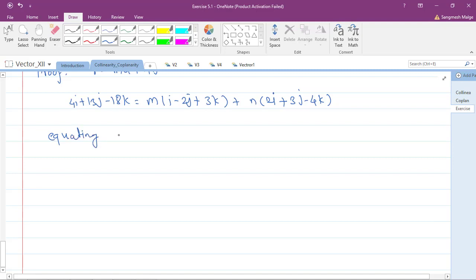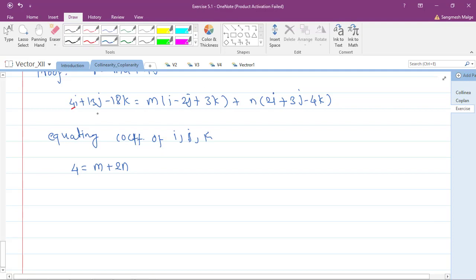Equating coefficients of i, j, k, the first coefficient gives 4 equals m plus 2n. Here 4i equals m into i plus 2n i. I am taking the coefficients only, so 4 equals m plus 2n.